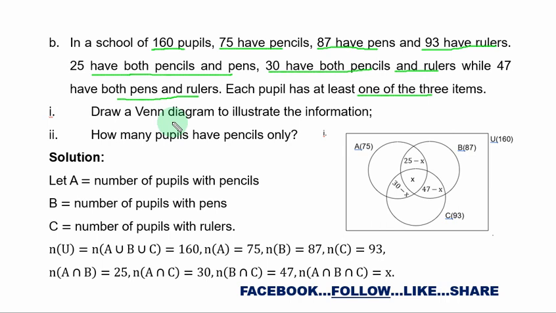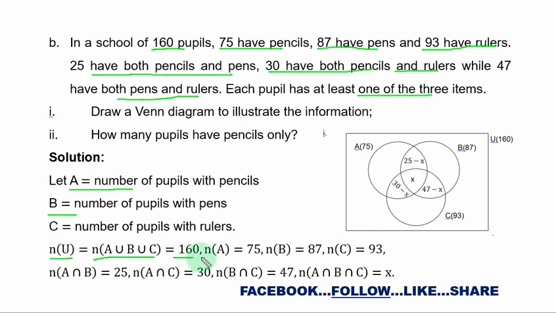Solution. Let us define the subsets for easy writing. Let A equal the number of pupils with pencils, B the number of pupils with pens, C the number of pupils with rulers. From the question, the total number of pupils, that is the universal set or the union of the three subsets, is 160.